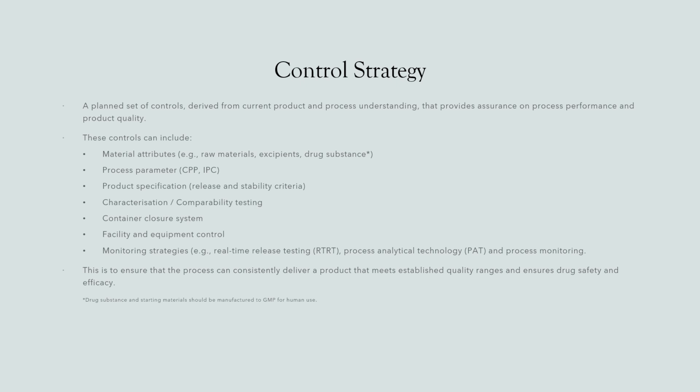I think I'm still going on about terminologies, but I do need to talk about control strategy. Your overall control strategy is designed to ensure that your manufacturing process consistently delivers the product that meets your established criteria or specifications, your established quality ranges, and it ultimately assures drug safety and efficacy.